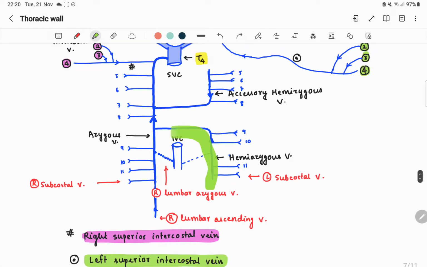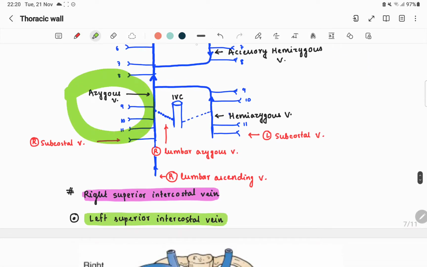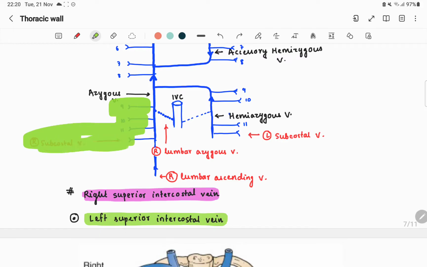Then we have another one, the hemiazygos vein. On the right side, we have the draining of the 9th, 10th, and 11th, and also the 12th, which is the right subcostal vein, into your azygos vein.